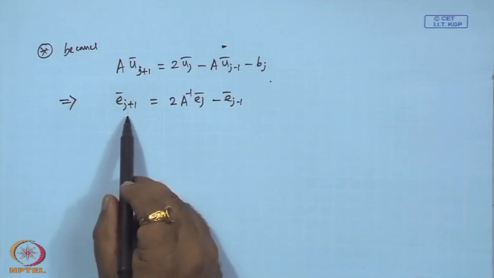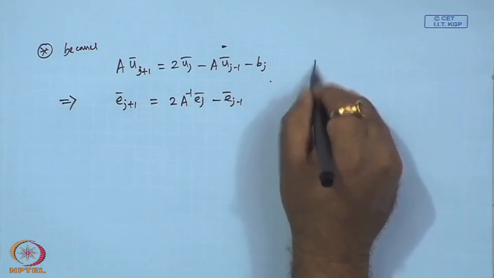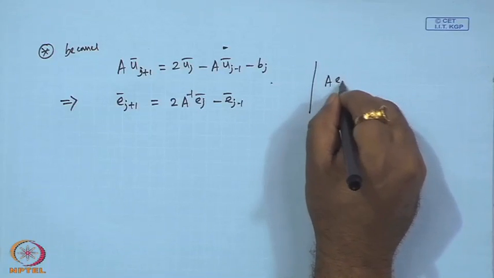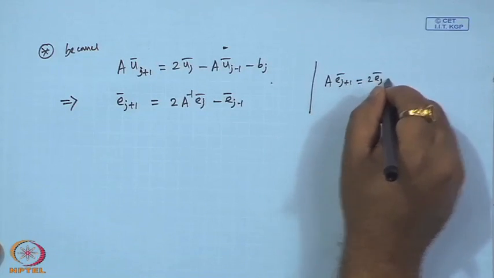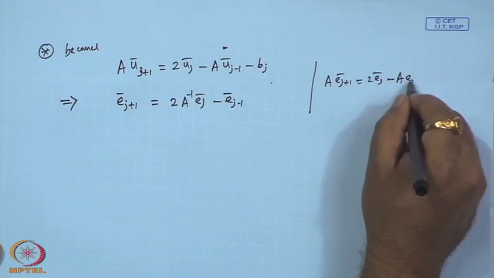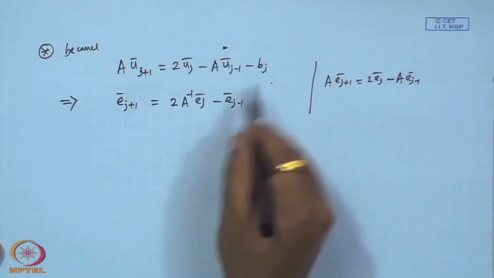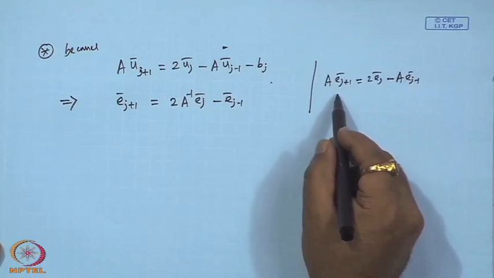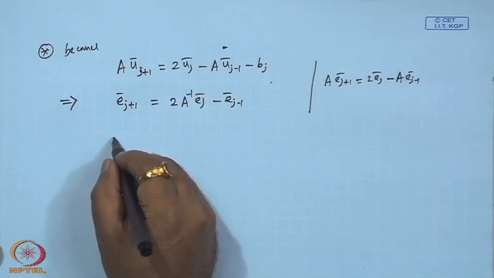So, then we get A E j plus 1, okay. So, here we get A E j plus 1 is 2 E j minus A E j minus 1 and the error b j boundary points they get cancelled. So, from here we get this. Okay.